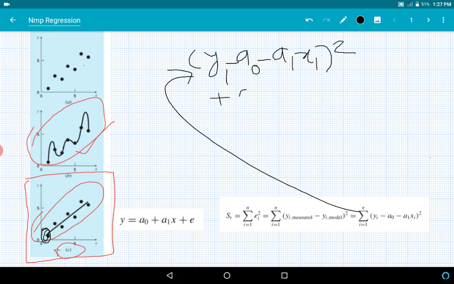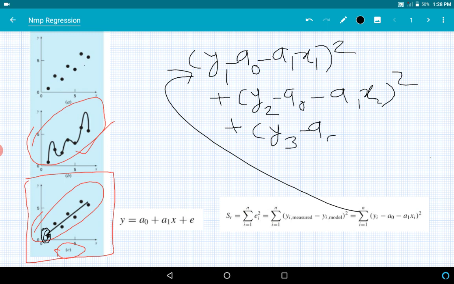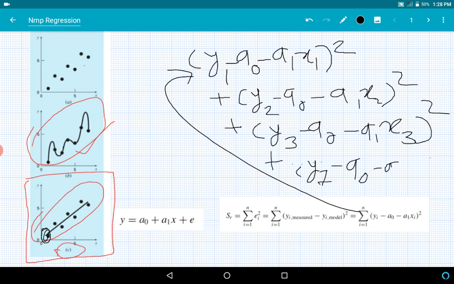Plus y2 minus a0 minus a1 x2 squared, right? Then plus y3 minus a0 minus a1 x3 squared, and this will continue till the nth point. In my case n is 7, so I will write y7 minus a0 minus a1 x7 squared.